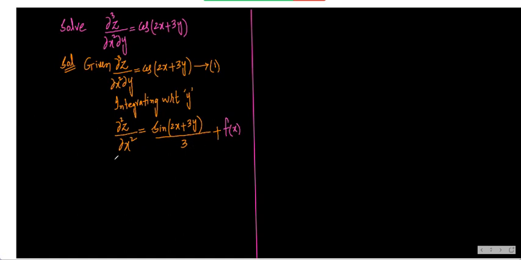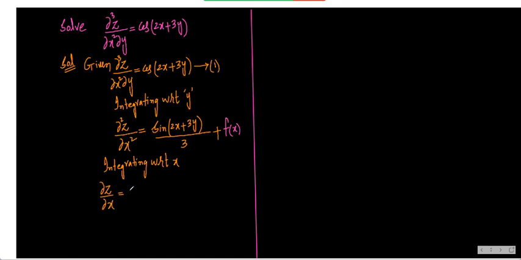Now integrating with respect to x. What will this side be? ∂z/∂x, correct? One square term will be cancelled.